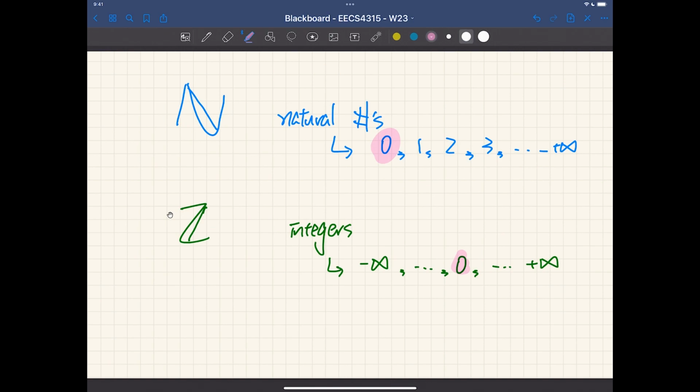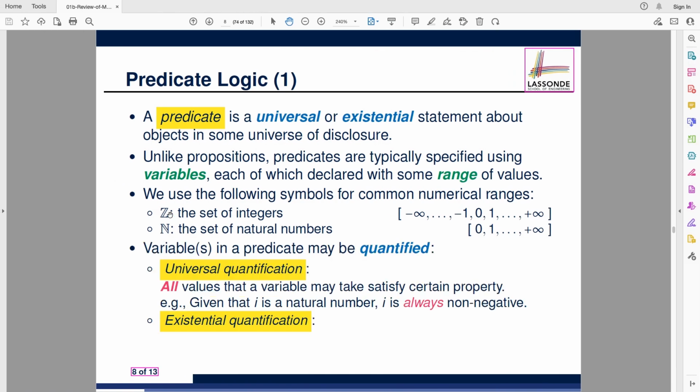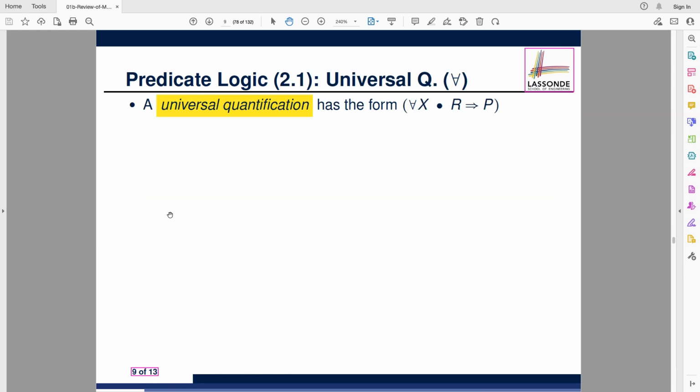All right, just for your information, let's go a little further and see how far we can go. Universal and existential. We talked about the informal meaning already, all versus some. What we now need to talk about is some proof strategy. About 5 minutes. The final one, I will talk about next time: proof strategy for universal quantification.